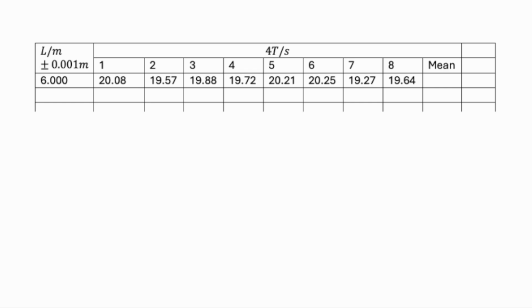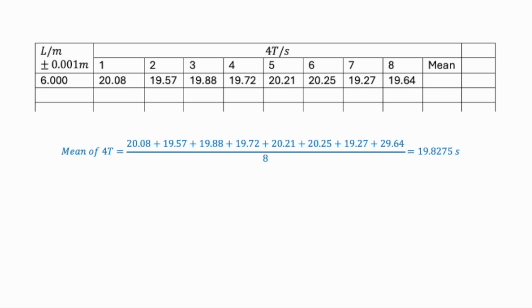So the first thing I'm going to do is take my 8 repeated measurements, find the mean of them in the usual way, just add them all up, divide by 8, and the number I've got here is what my calculator gave me. I haven't rounded it off at all, but probably there's no point in writing down all of these decimal places because I don't really know the value to that kind of precision.